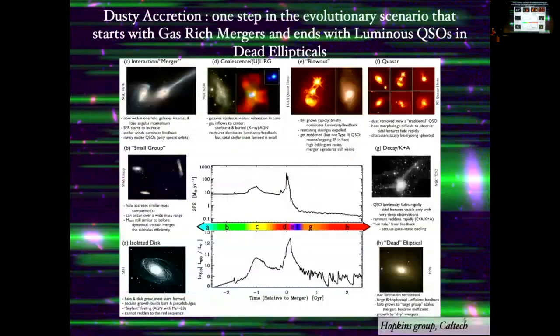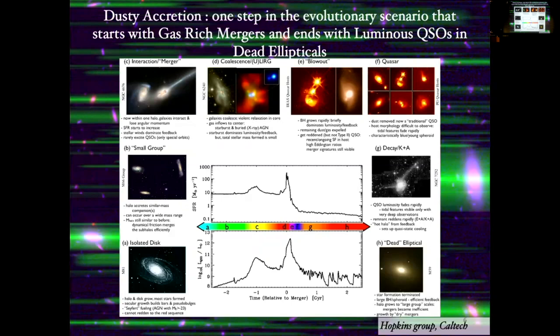So we see obscured AGN evolve differently, and we may think that this has to do with either the snapshot in time or their evolution altogether. This fits nicely into the picture where gas-rich mergers lead to a period of obscured growth for the supermassive black hole as well as the host galaxy.